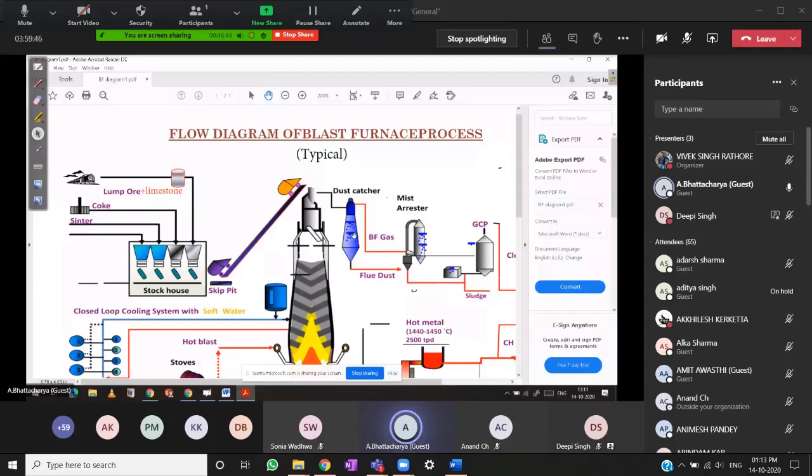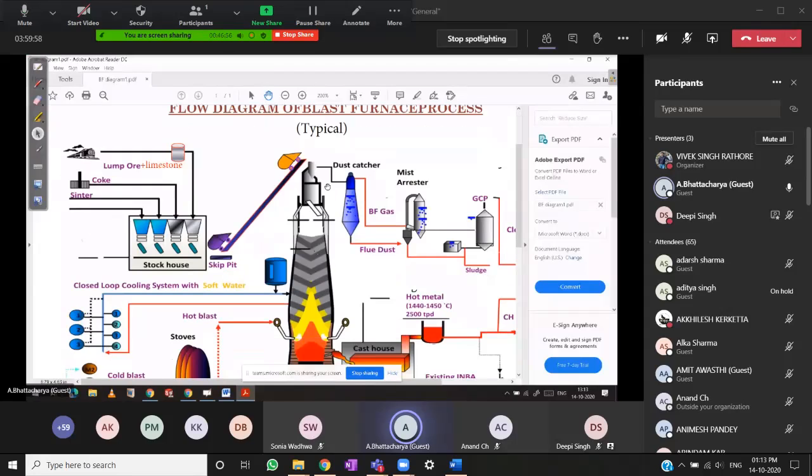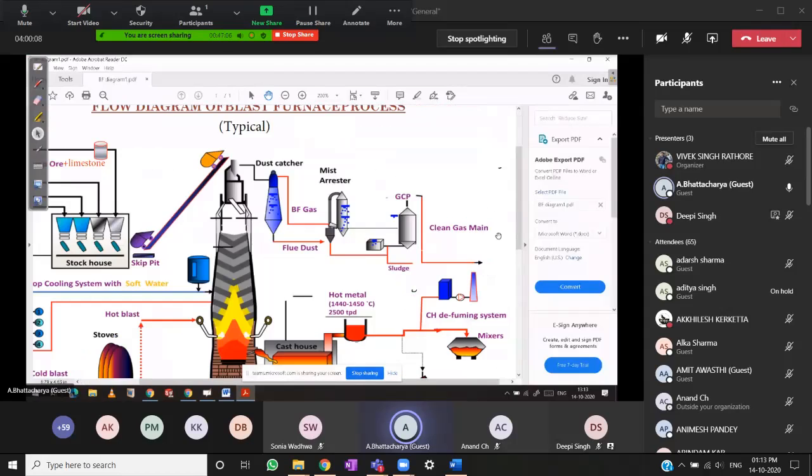So this is an important byproduct. It saves a lot of money in terms of coal or coke as a fuel. It is cleaned and then sent as clean gas to the various units.